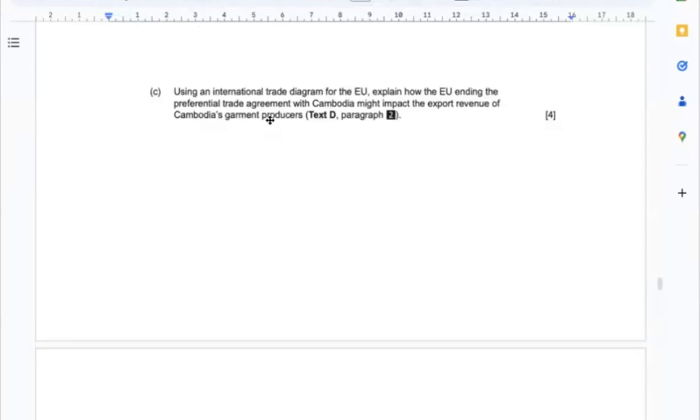Question C. Using an international trade diagram for the EU, explain how the EU ending the preferential trade agreement with Cambodia might impact the export revenue of Cambodia's garment producers.